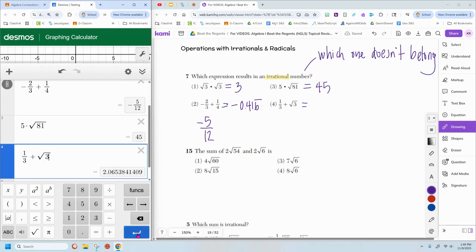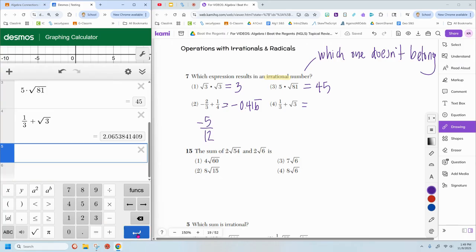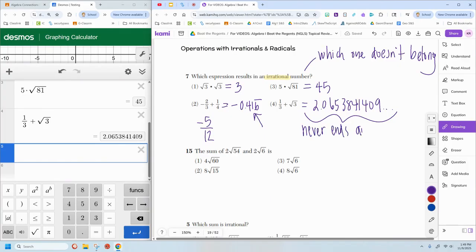And when I look at that one, I get 2.06538414009, and it's going. So even though this one is a decimal that never ended, it did repeat. This is my irrational number because it never ends and never repeats.